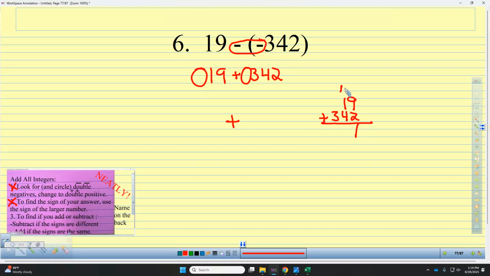Carry the 1. 1 plus 1 plus 4 is 6. Bring down the 3. So I get 361. So if I have $19 and I get rid of some money that I owe, that's going to increase my overall net worth. That one's a little confusing to use in terms of money.